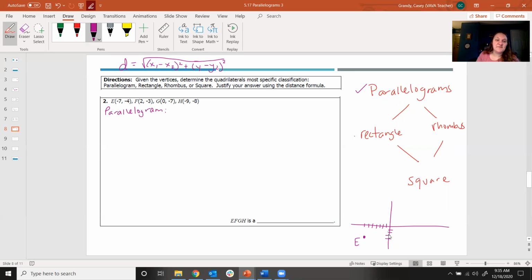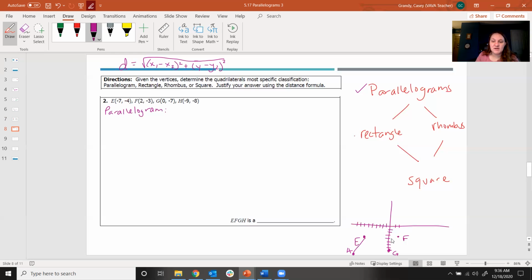So E is at -7, -4. F is at 2, -3. G is at 0, -7. And H is at -9, -8, all the way down here.